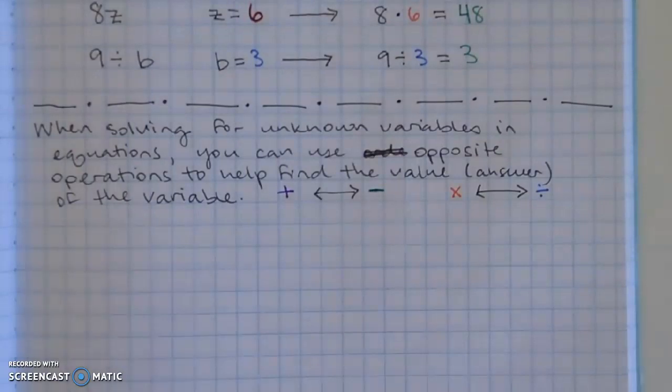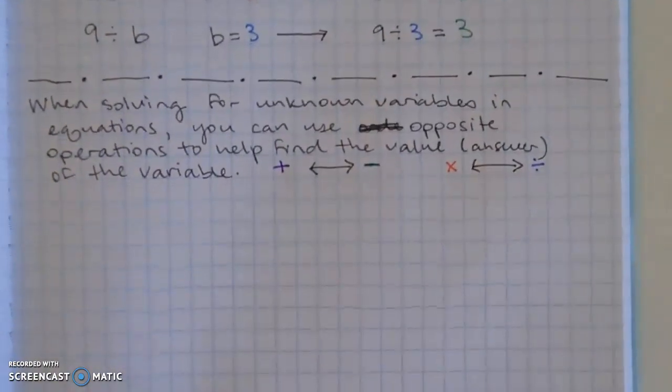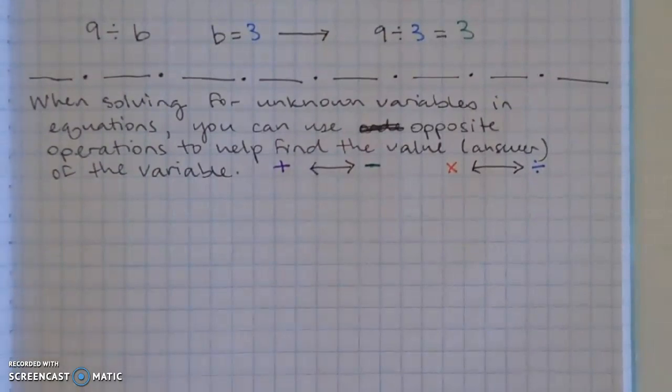Okay, so I'm going to show you a few different ways of looking at this. So sometimes you can use the inverse when you're adding or multiplying. So let's add that in here.